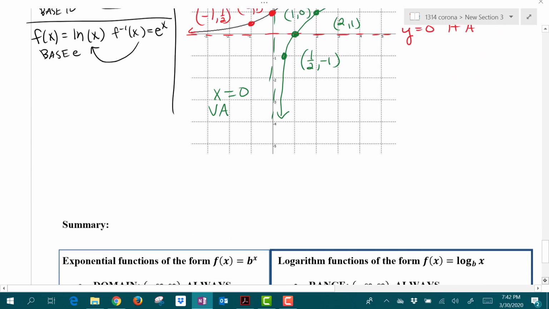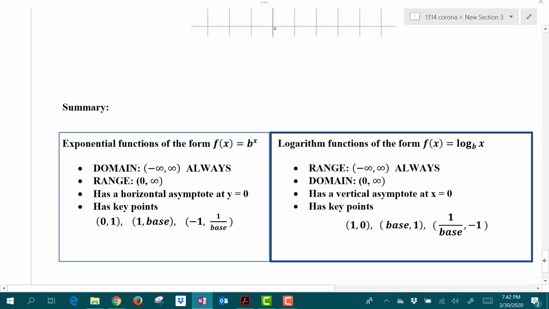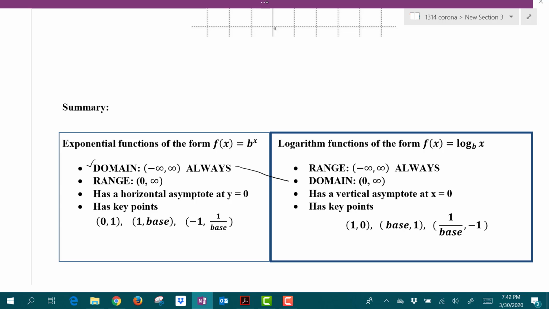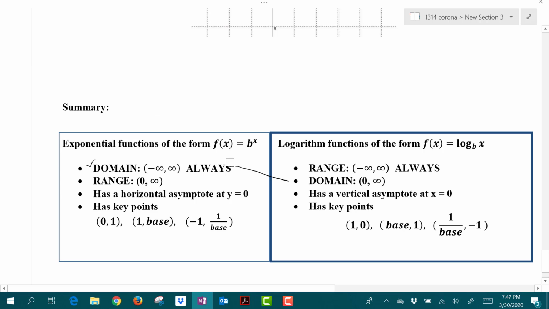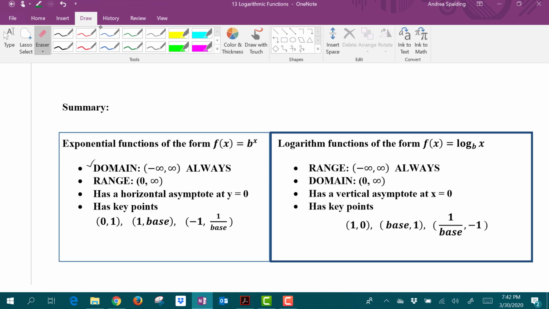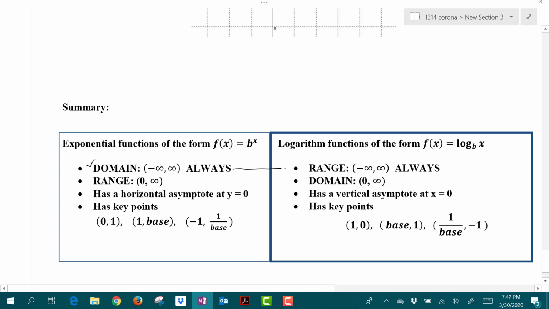Alright, here's a summary of what you're going to see for exponentials and logs and how they compare. The domain of an exponential is negative infinity to positive infinity always, and that means that the range of the logarithm will always be exactly the same thing. The range of the log will always be from negative infinity to positive infinity.